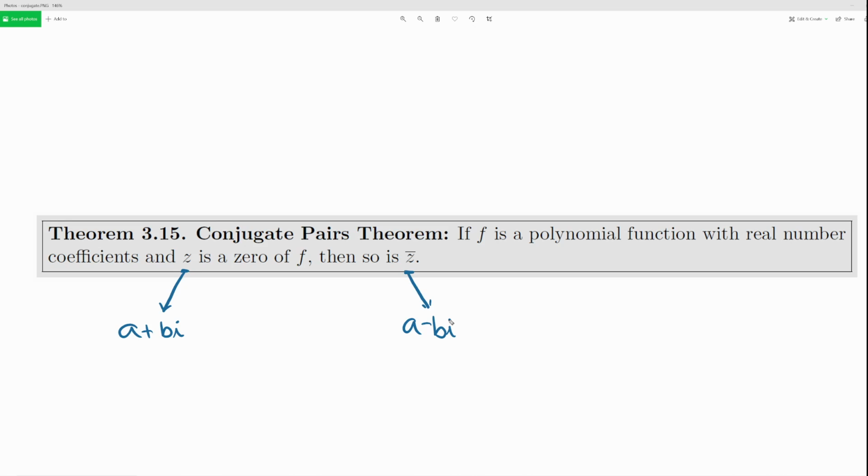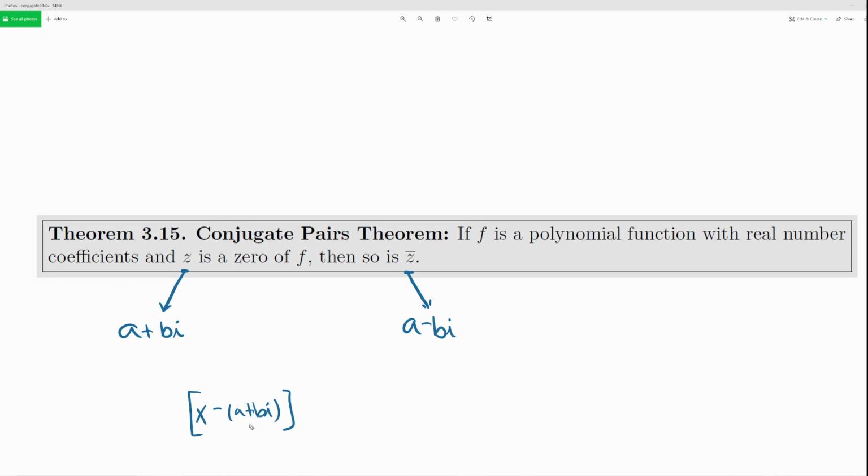Now the reason this theorem is true, I'll just sketch really quickly here. If a plus bi is a 0, x minus (a plus bi) has to be a factor.